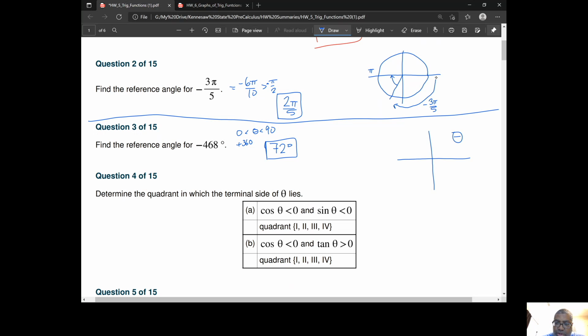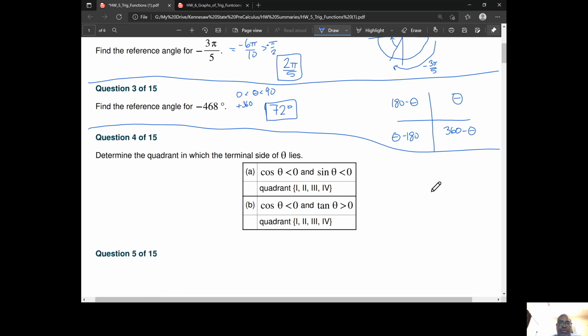In quadrant 2, it is 180 minus theta. In quadrant 3, it is theta minus 180. In quadrant 4, it is 360 minus theta, theta being the angle measure. That's really helpful.